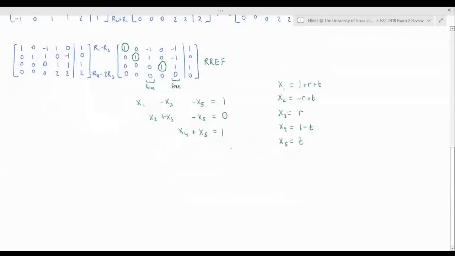And then I'm going to rewrite that now in a sort of vector format. So I'm going to put all the x's into a vector. And what I'm going to do for the right-hand side is write it in a particular way.